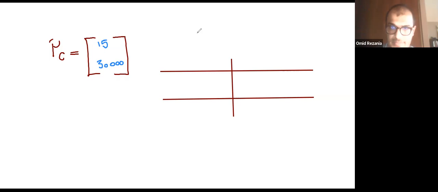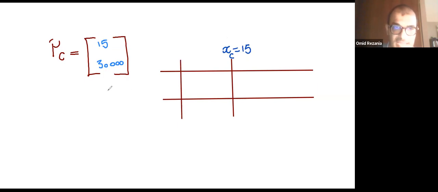Okay, let's get this color. Our critical point is 15 at this point. Before I move on, I'm also going to draw something here, and here I'm going to write the function itself.